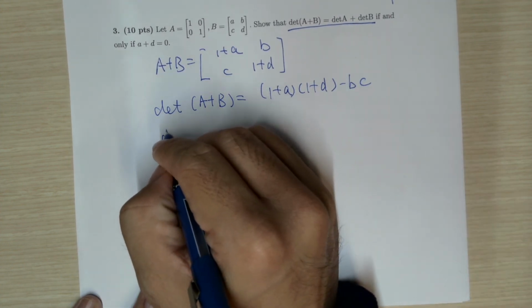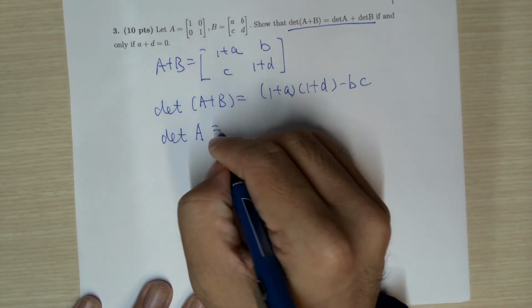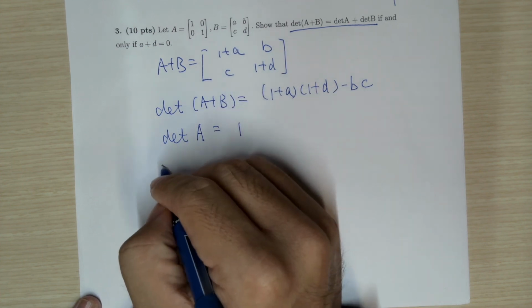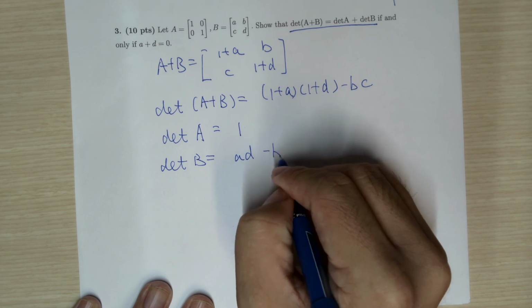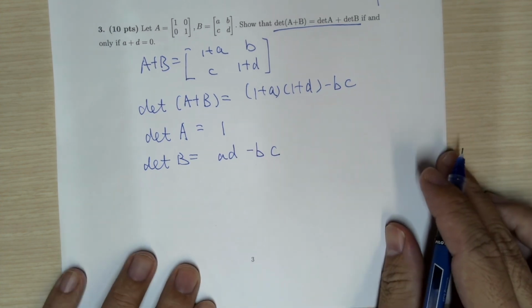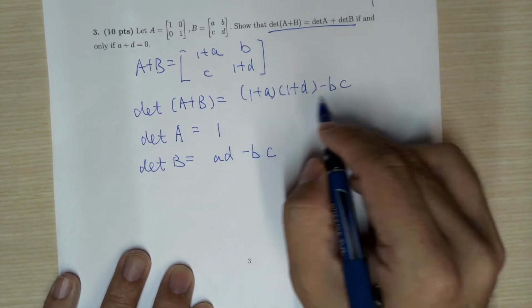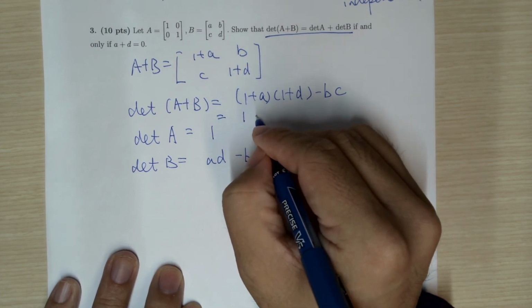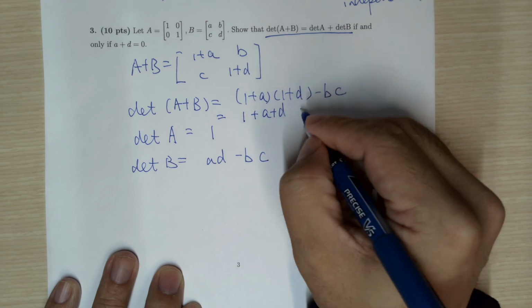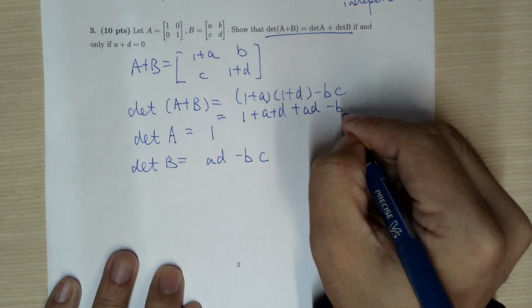Well, the determinant of A equals 1. The determinant of B equals ad minus bc, right? So as you can see, if you expand this part, this equals 1 plus a plus d plus ad minus bc.